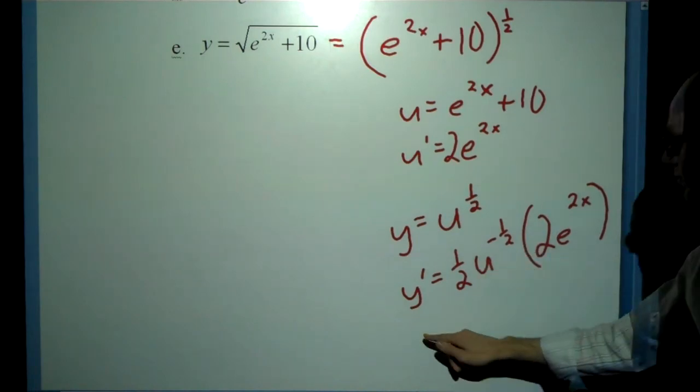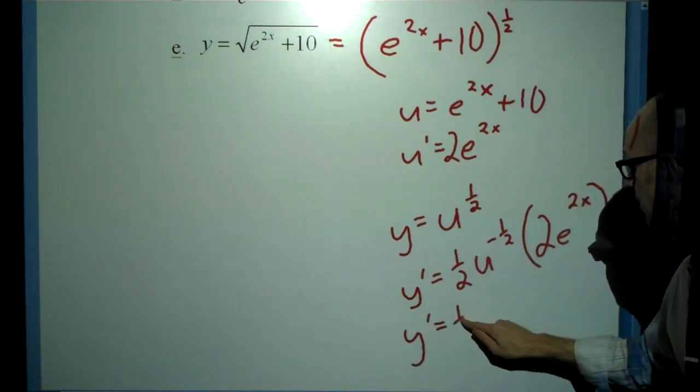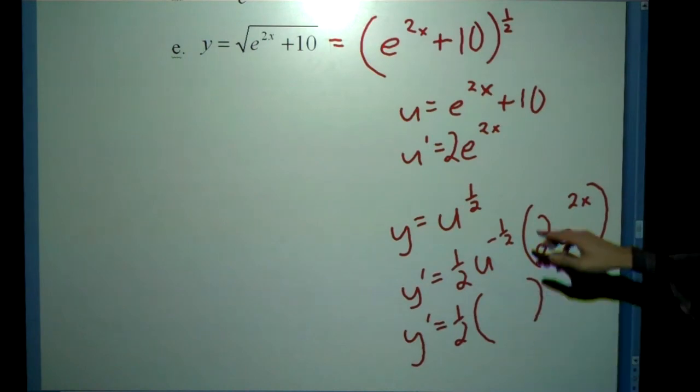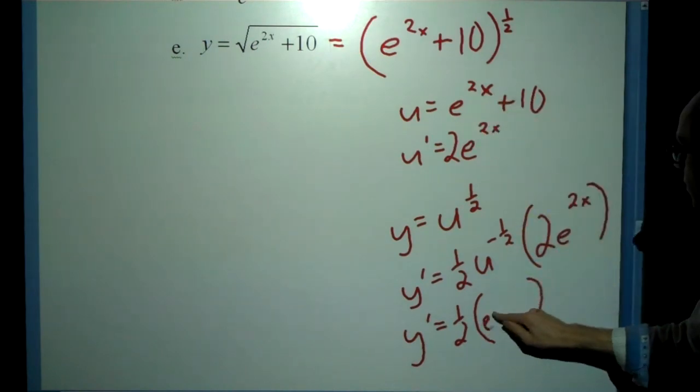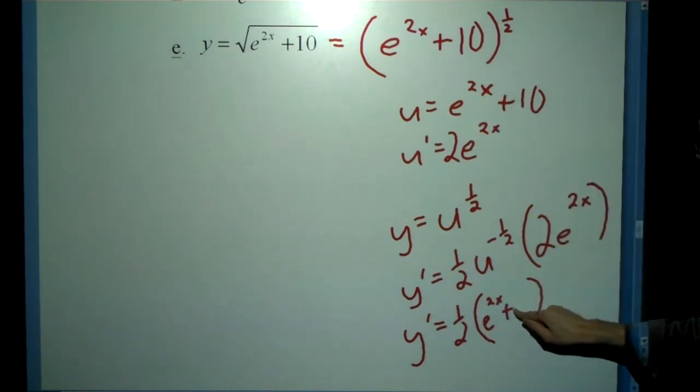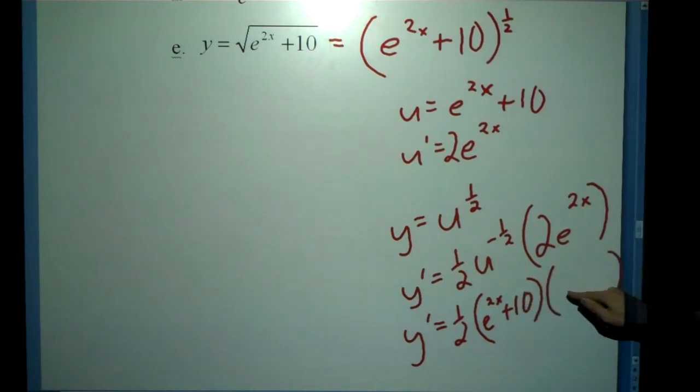I want to get rid of my u, so I've got y prime is equal to 1/2 times whatever u was, which was e to the 2x plus 10, all to the negative 1/2 power times 2e to the 2x.